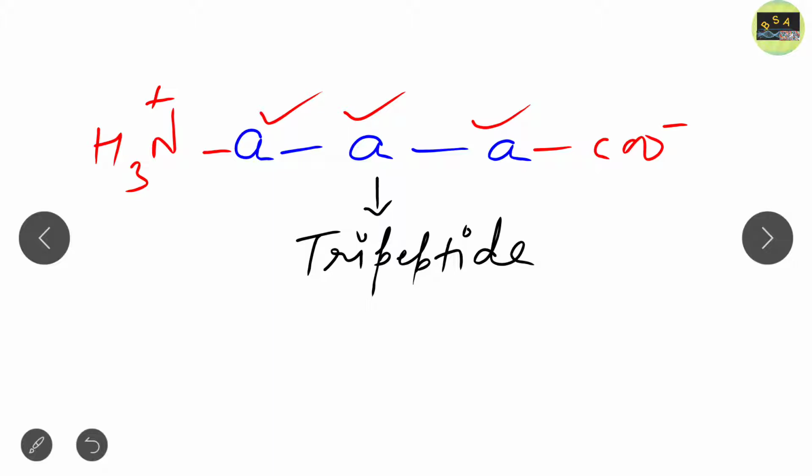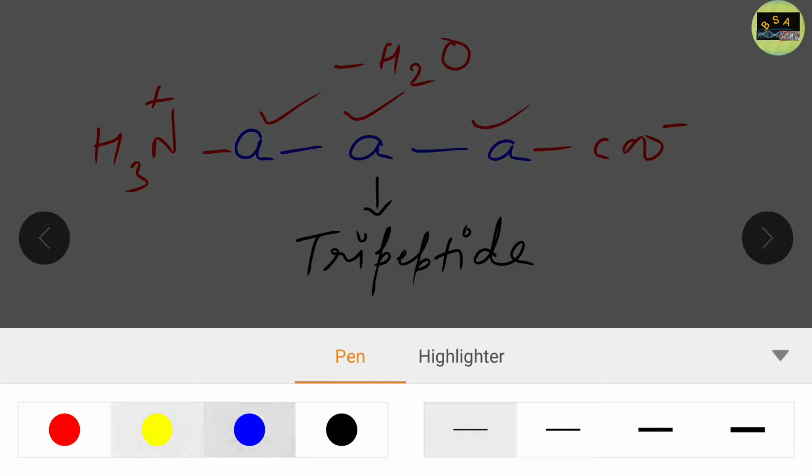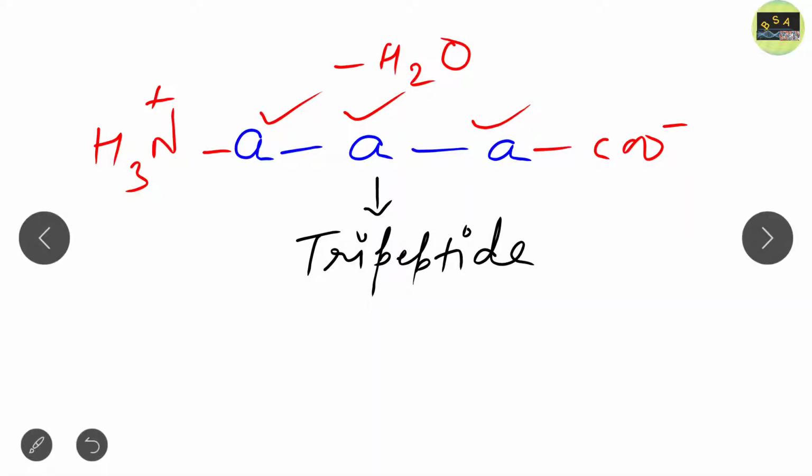Here residues means the part which is formed after losing the water, that is minus H2O. Clear? So in a peptide, the amino acid residue at the end with free alpha amino group is the amino terminal, and we call it the N terminal.